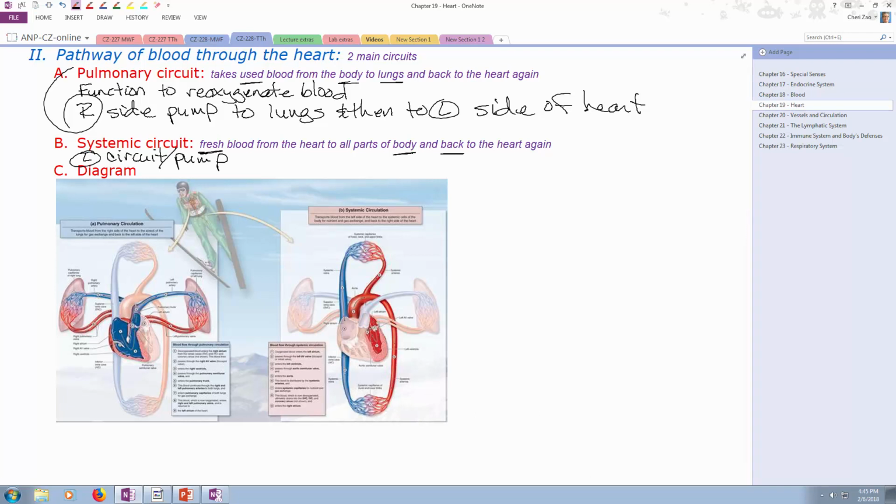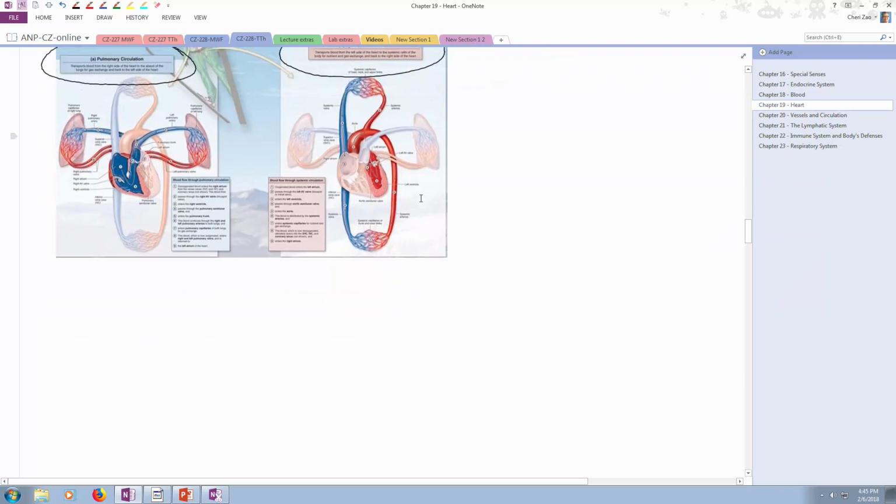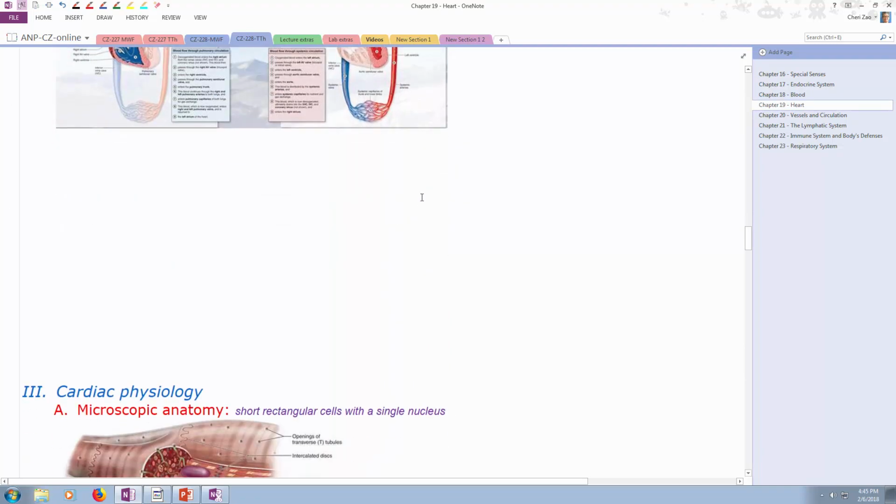So we have two cartoons here, one showing you pulmonary circulation, the other showing you systemic circulation. It's a good idea to take a close look at them, but we're going to draw our own cartoon model of pulmonary circulation and systemic circulation. So in this space here, let's put some lungs in the middle.